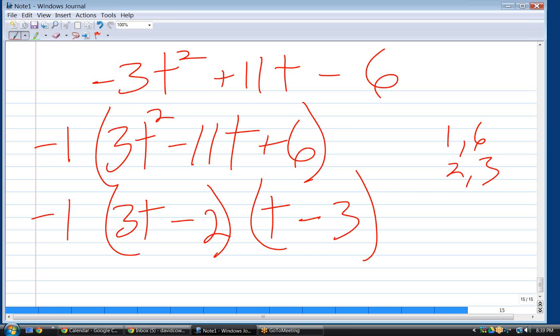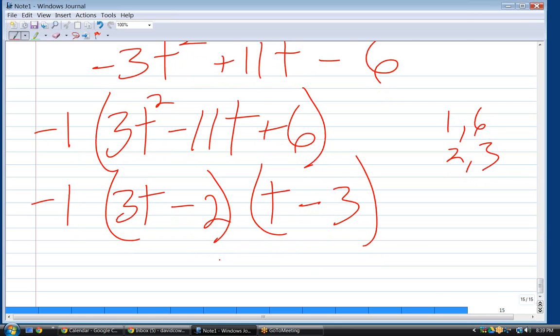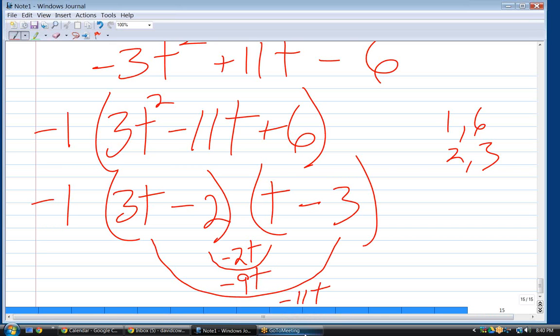No. Wait, it does. Learn to draw these smiley faces. I actually call this my smiley face technique. Because there's the first smiley face, there's the second smiley face. The first smiley face produces -2t. The second one is 3t times -3, which is -9t. Add those two together, you get -11t. That's our middle term. That's the correct answer.